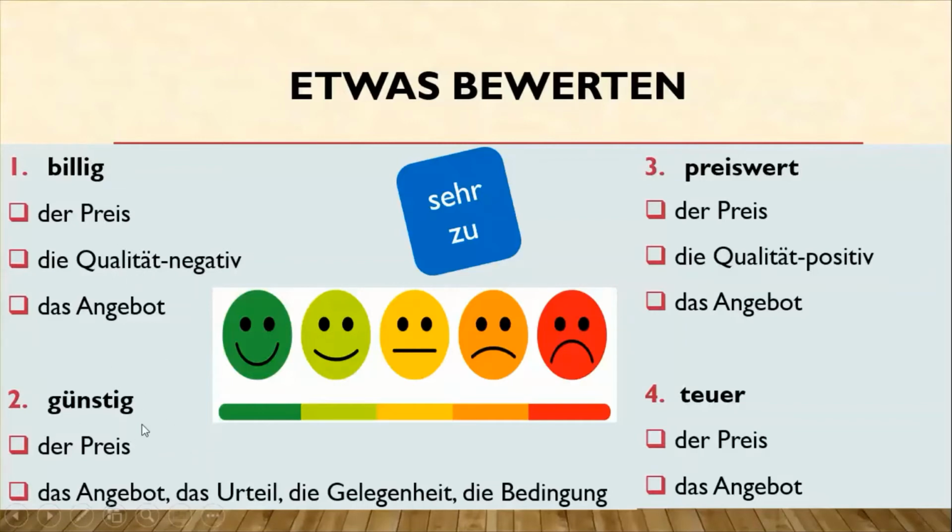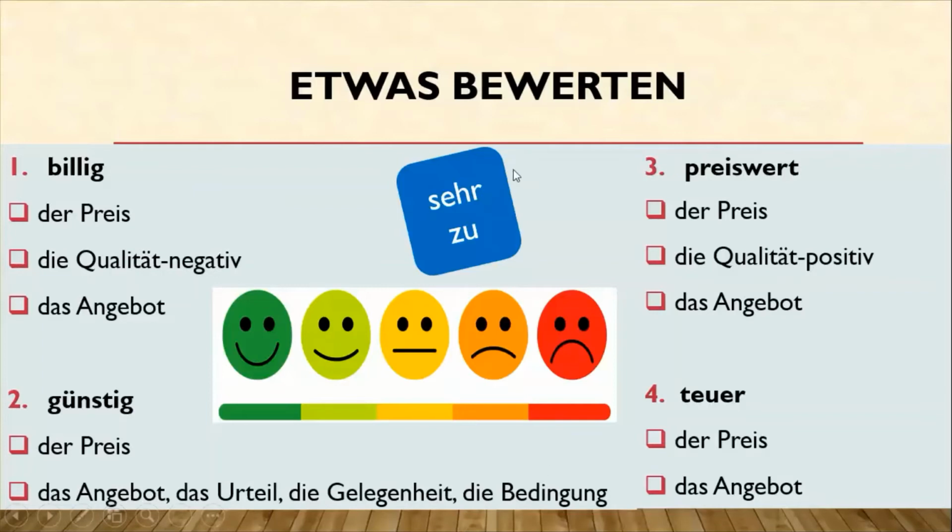And we use günstig when we are talking other than price about some offer, that's Angebot, some judgment, some decision, which is das Urteil, some opportunity, which is die Gelegenheit, and also when we are talking about some condition, which is die Bedingung.